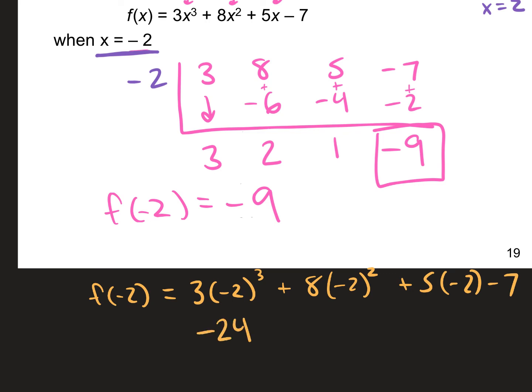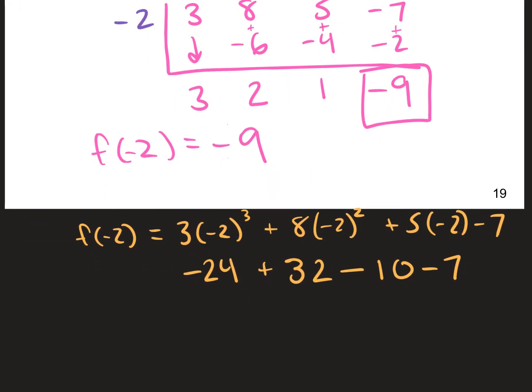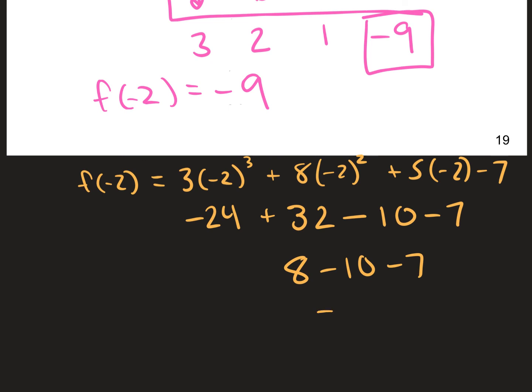And then 8 times negative 2 squared. Negative 2 squared would be 4. 8 times 4 is 32. 5 times negative 2 would be negative 10, and minus 7. So then I would have 8 minus 10 minus 7. This would be negative 2 minus 7, which is negative 9.